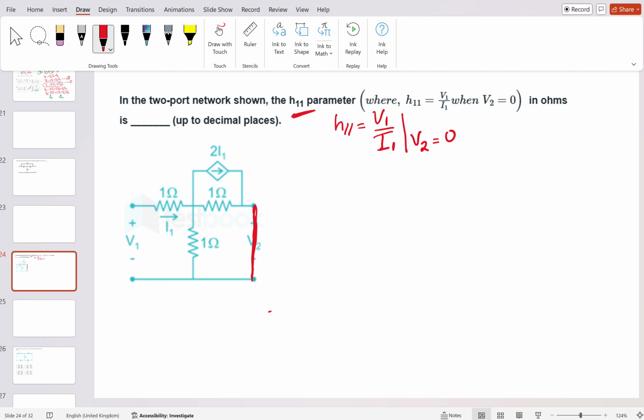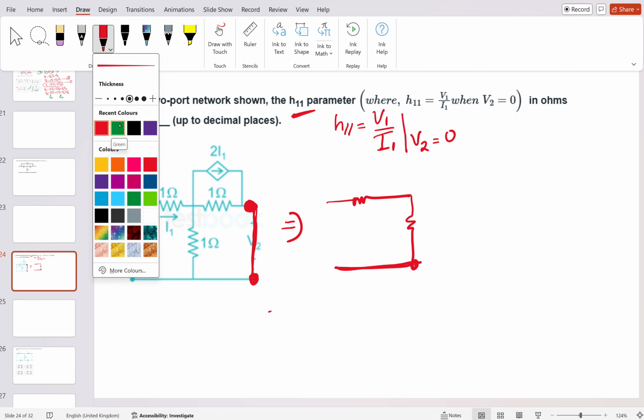You can also make the circuit like this. So this is one resistor here. And when this terminal is short circuited to this, you can directly connect it here. Try to make it like this.